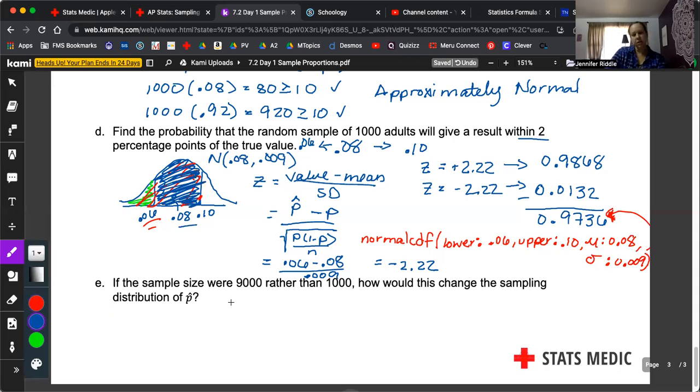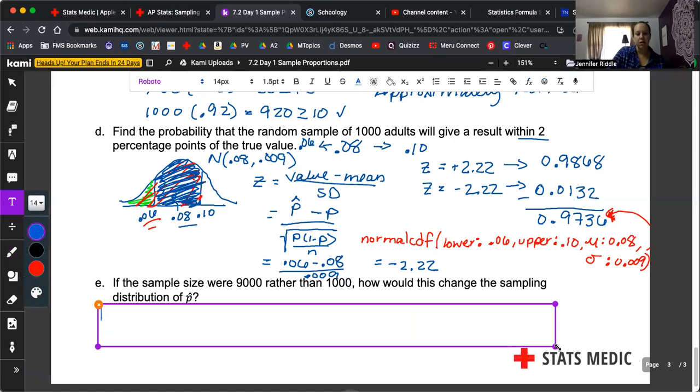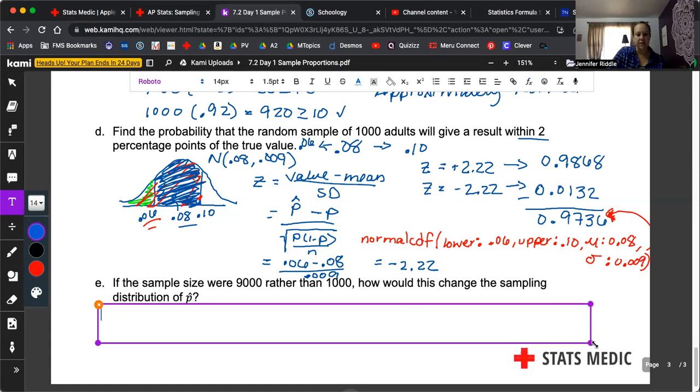Part E, if the sample size were 9,000 rather than 1,000, how would this change the sampling distribution of p hat? Just like we talked about in our previous lesson, the bigger the sample size, the less variability we have. So the distribution, as far as the shape goes, would remain approximately normal.